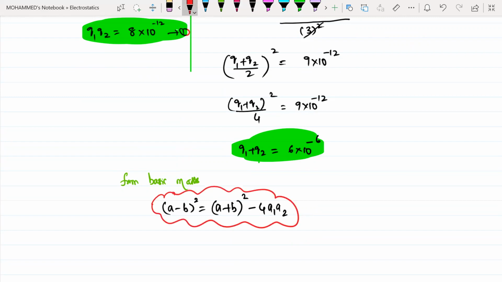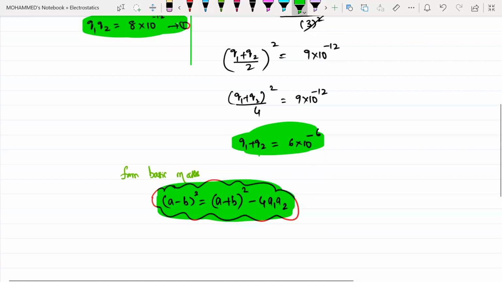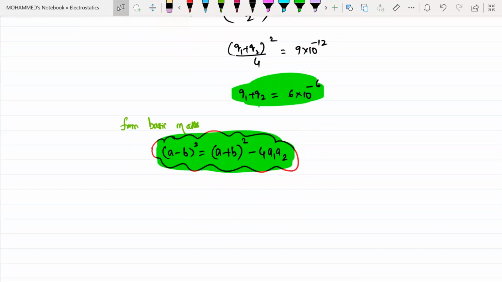Here A is Q1 and B is your Q2, is that clear? So I can write (Q1 − Q2) whole square is equal to (Q1 + Q2) whole square minus 4 times Q1 into Q2.